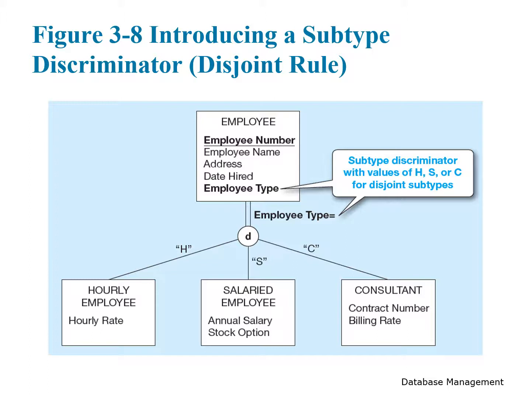Hourly means H, salaried means S, consultant means C. Here for the disjoint rule, we have employee type as the subtype discriminator, and it can have three possible values, one for each subtype. Going back to the previous slide, Figure 3-7, what would be a possible subtype discriminator and what would its value be?